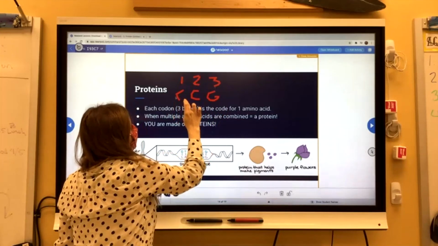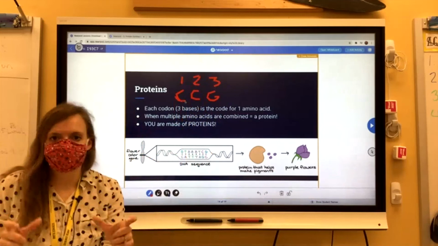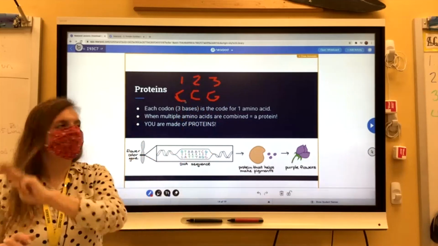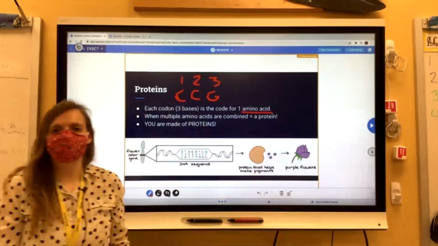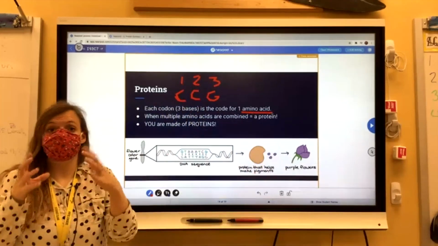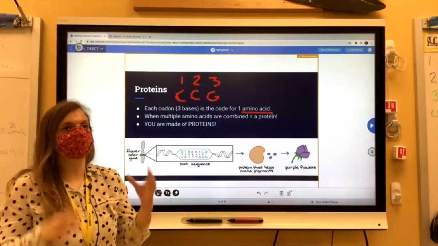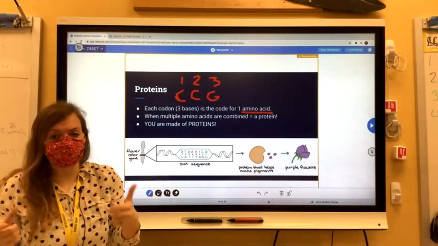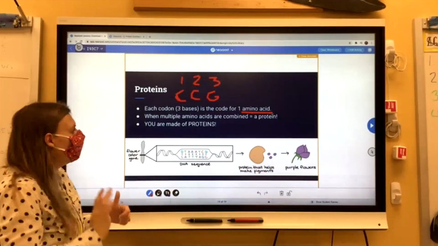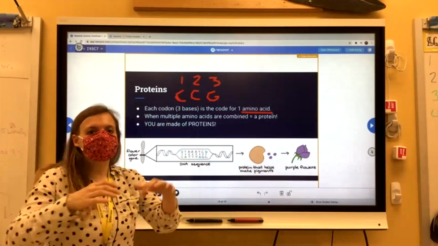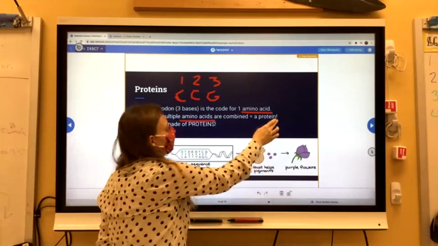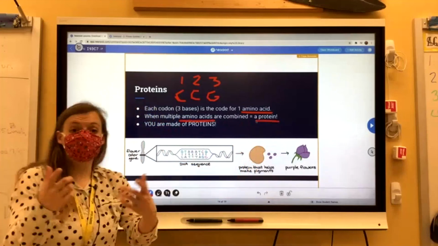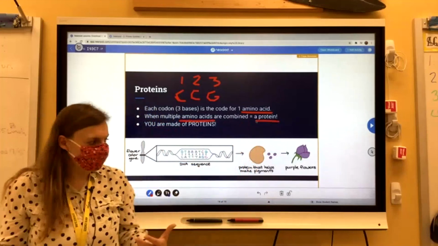So those are going to be a codon when we have 3 of the bases. Each one codes for an amino acid. It's the code for the eggs, for the sugar, for the ingredients that you actually need. And so when we put all of the ingredients together, those ingredients are those amino acids, we get a protein, okay? And you are made of proteins, as I said, your whole body.